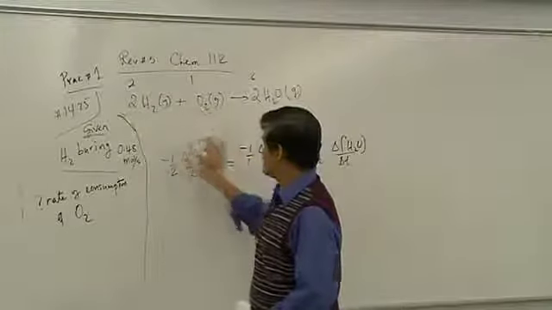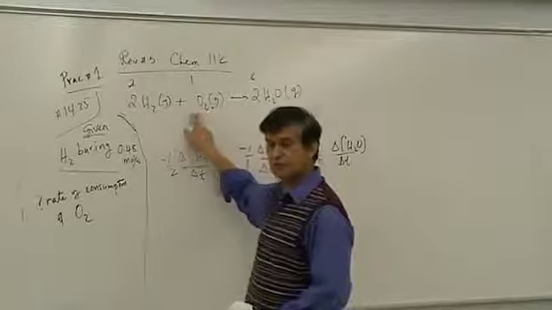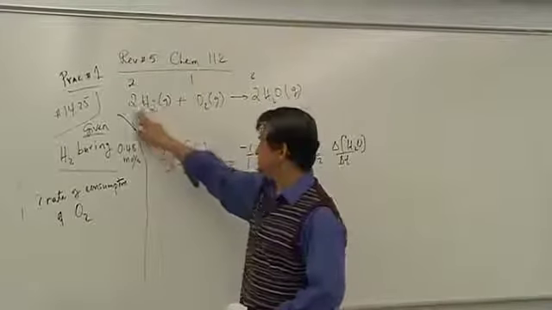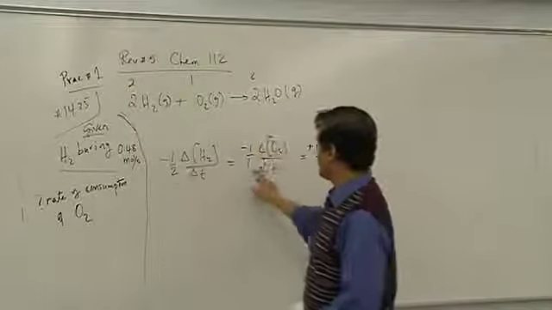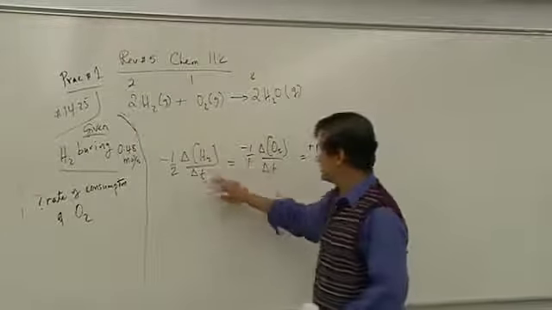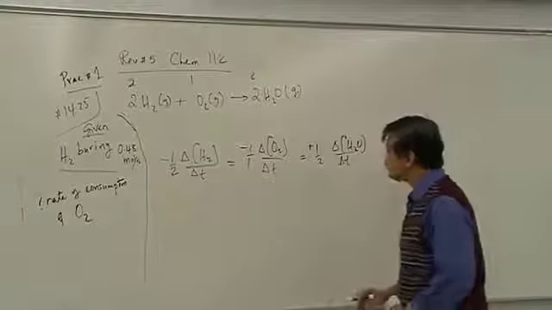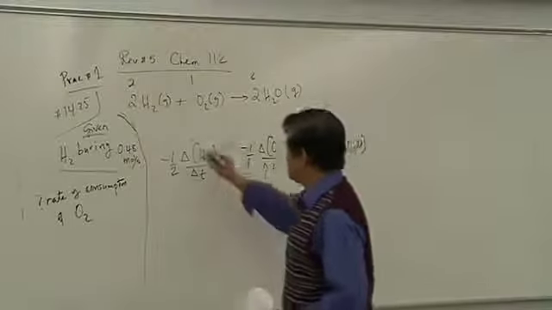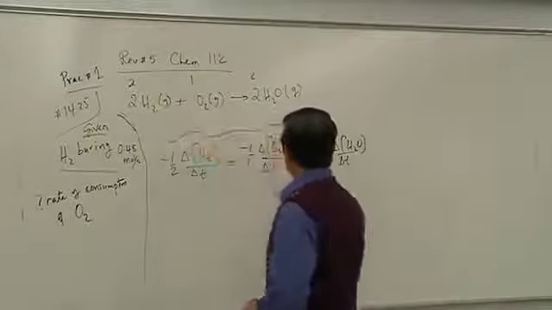So in order to set them equal, we know that we cannot set 2 equal to 1. So divide 2 by 2. That's why you divide this by 2 and then set it equal to that of oxygen. In this particular question, we only need to deal with these two.